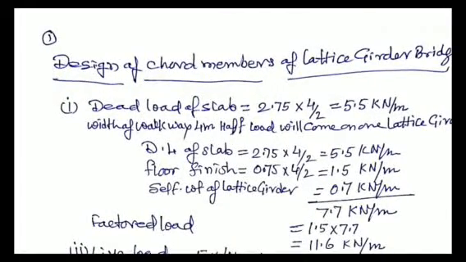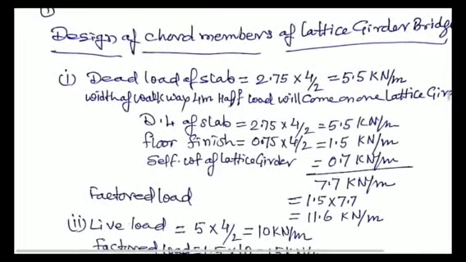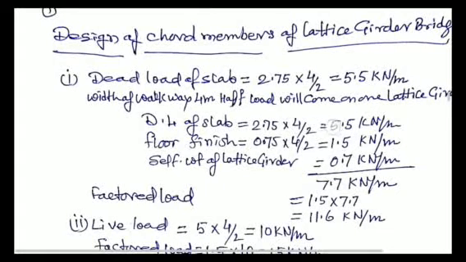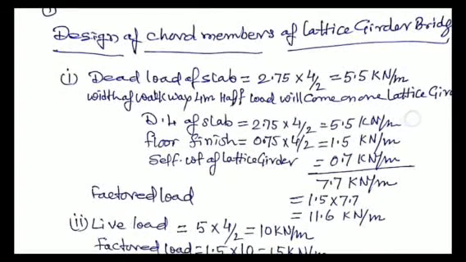Hence, the width of the walkway is 4 meters for clarification, and half the load will come on one lattice girder. So the dead load of the slab is 5.5 kilonewton per meter. Floor finish is given already as 0.75 kilonewton per meter square.